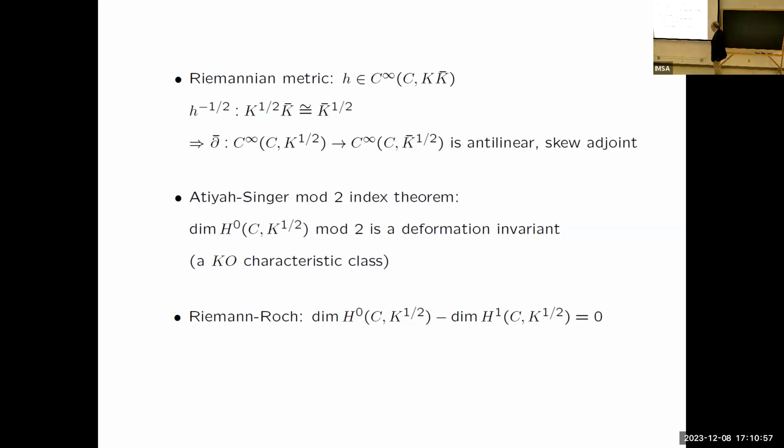But if you're doing the algebraic geometry of curves, you have a line bundle, you want to know how many holomorphic sections there are, you want to know the dimension of H0, and one way that helps you usually is the Riemann-Roch theorem, which gives you the difference between H0 and H1. In this case, Riemann-Roch gives you nothing, so there's no information about whether there are holomorphic sections of this. But the information we do have is that we know whether they are odd or even.